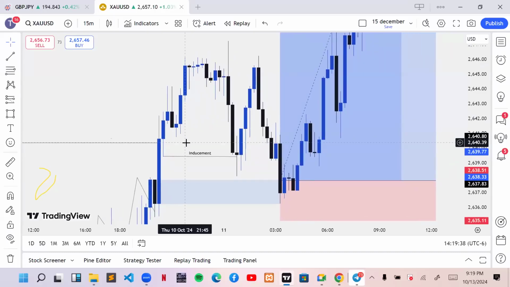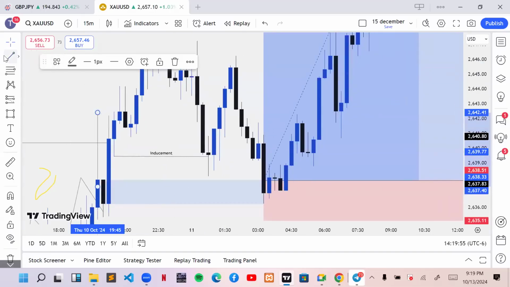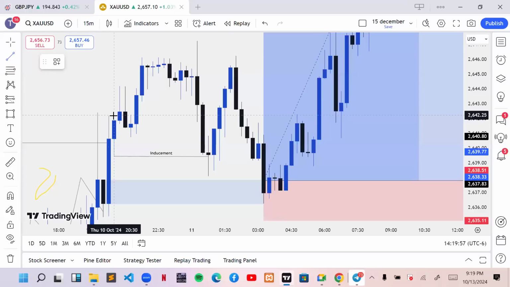What I mean is once market breaks out or there's a market structure shift, the pullback has to push market up or down above 50% of the last move. That is what I said. So pay attention. This was the break of structure. Here is the last move. This is where the wick stopped.